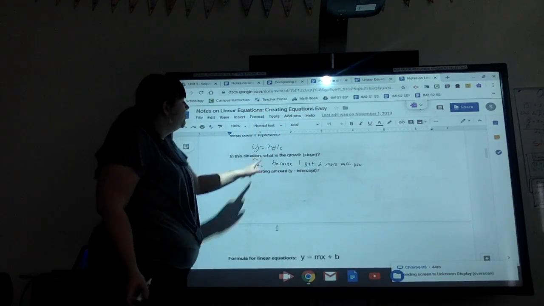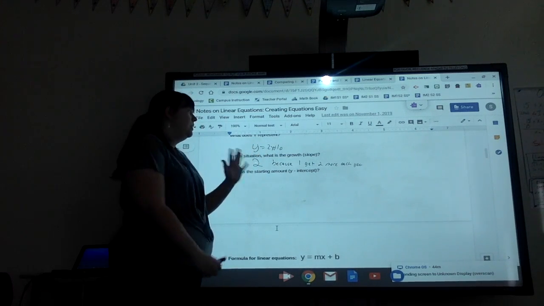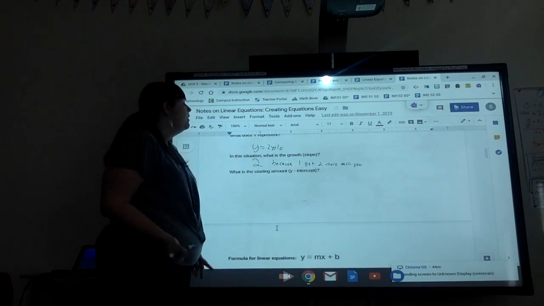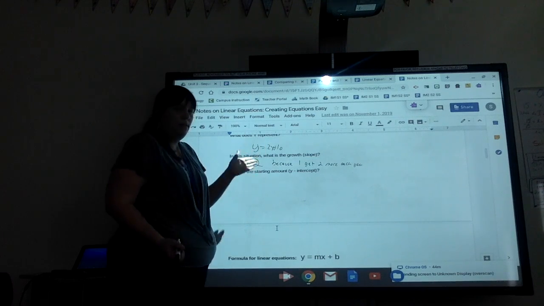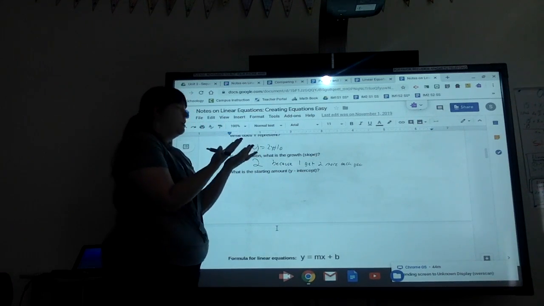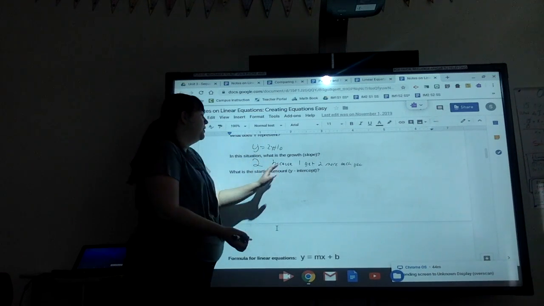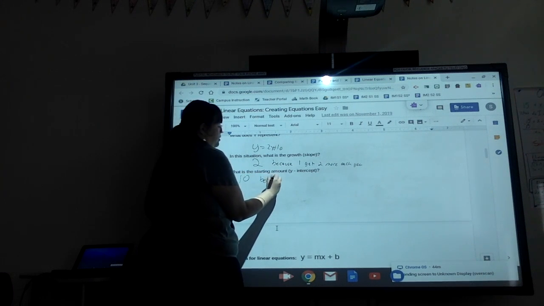So that's why the 2 goes with the x, because how many years have passed, like if it's been 5 years, I have to multiply that to 2 because she gets 2 per each year. So then the 2, the slope, always goes with the x, because how much you're changing each time needs to go with the time, and x is the time. Versus the y-intercept, the starting amount, she just had 10 cars because it's what she started with.